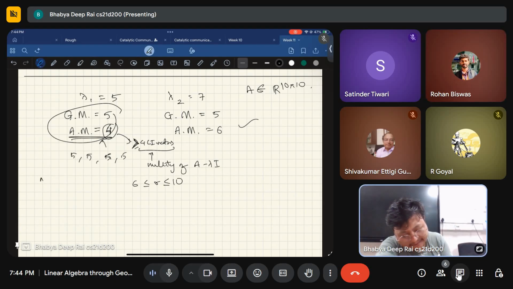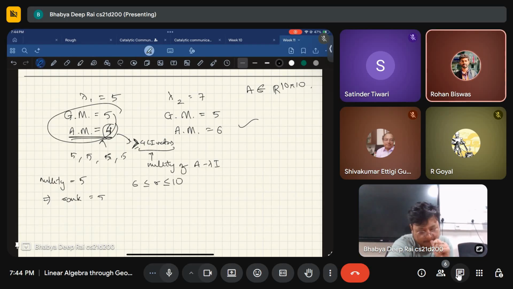So let's say nullity is 5, which means that the rank is 5. Right. So now you want to say that the rank cannot be 5. There should be a contradiction here.